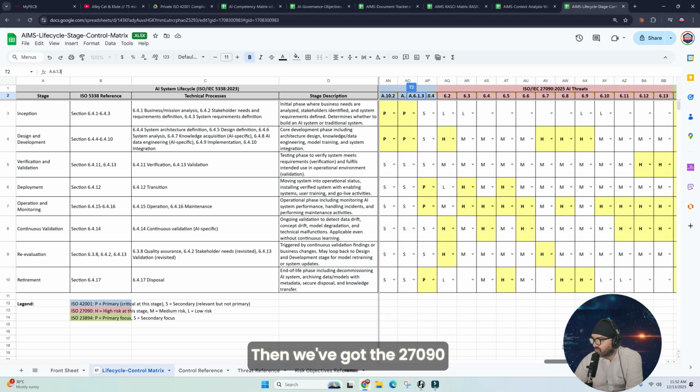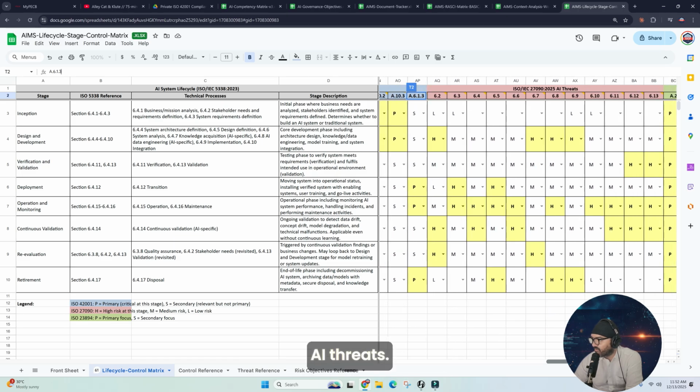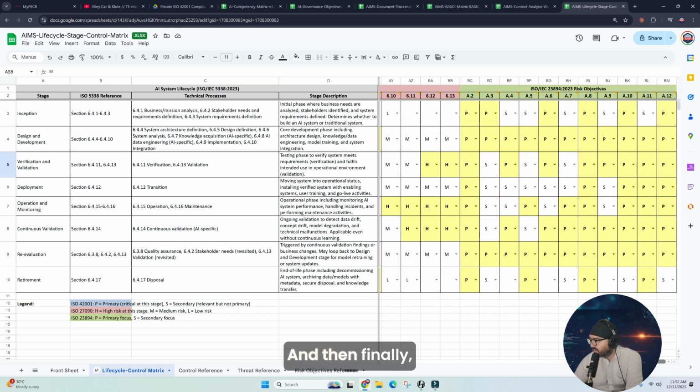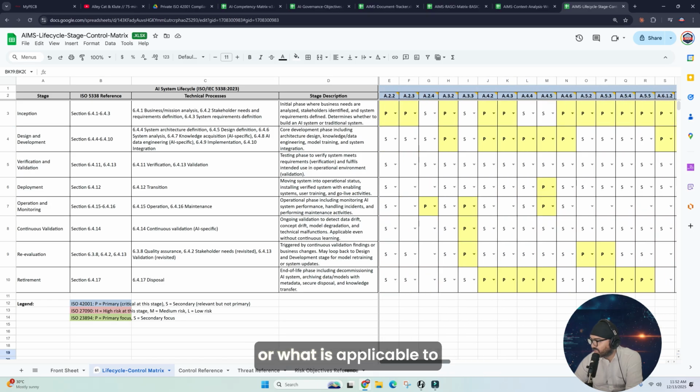Then we've got the 27090 AI threats, and you can change them accordingly to high, medium, and low risk. And then finally 23894 risk objectives, and you've got primary or secondary. So secondary would be relevant but not a primary concern right now, and you can just change them until your heart's content or what is applicable to your specific system.